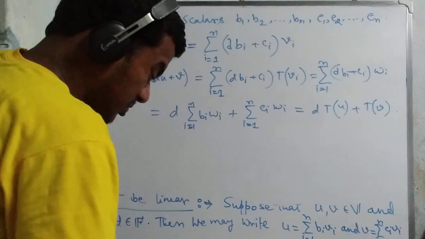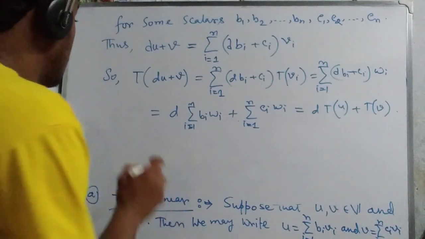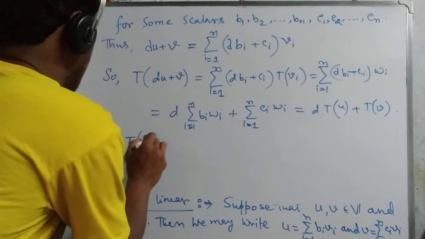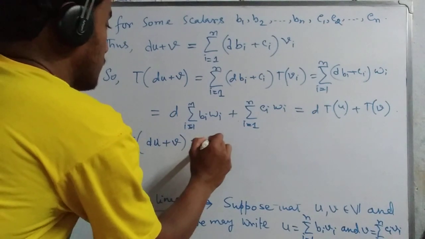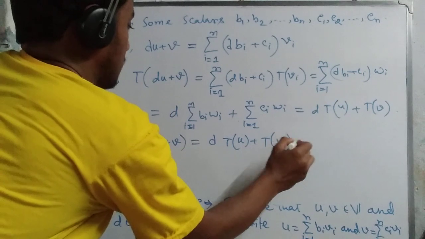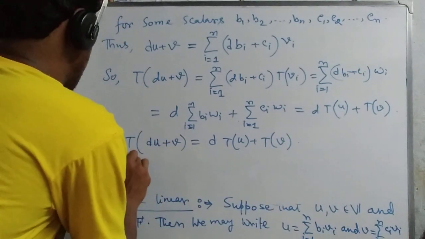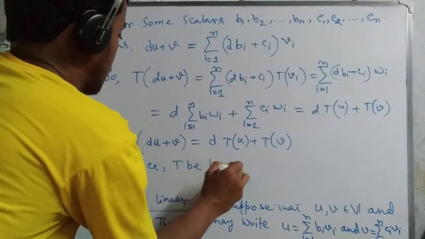Understood? Then T of du plus v equals d T of u plus T of v. Hence T is linear.